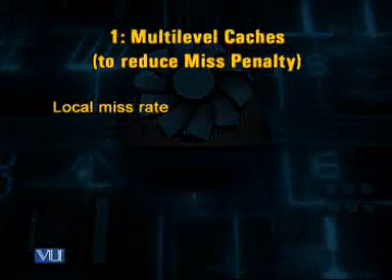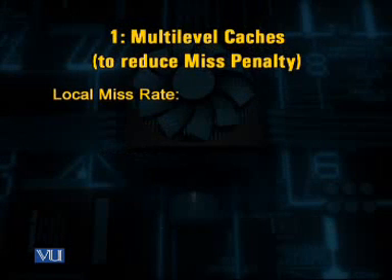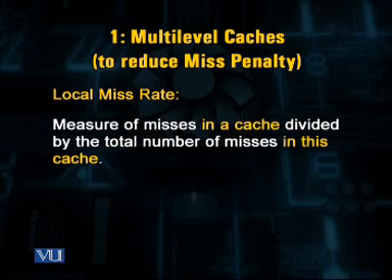We can distinguish the miss rates for these two levels by defining two new terms, that is the local miss rate and global miss rate. The local miss rate is a measure of misses in a cache divided by the total number of accesses to this cache for which we want to find the miss rate.